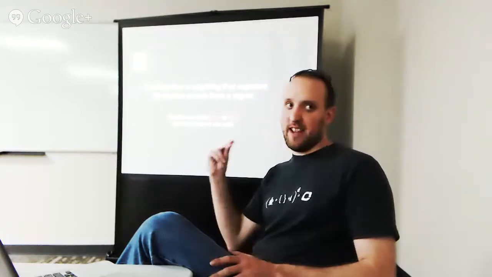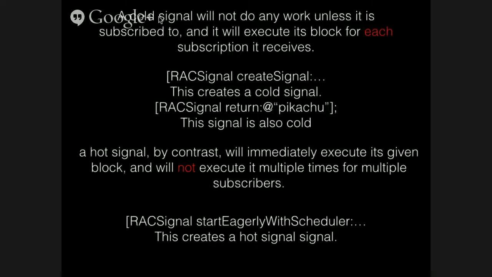A hot signal, on the other hand, will do its work immediately. You create it, you say, do this work, and it's going to do that work even if it doesn't have a subscriber. It'll just do its work and do nothing. But usually you deal with cold signals. There's a basic way of creating a signal: RACSignal createSignal, a cold signal.